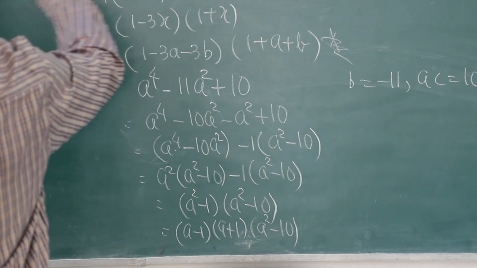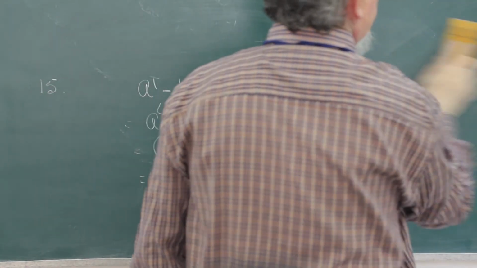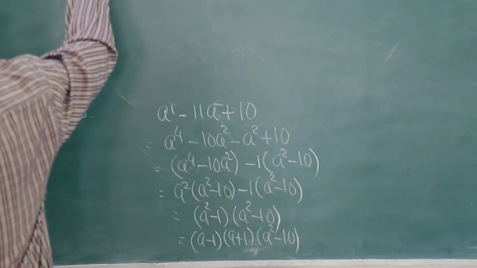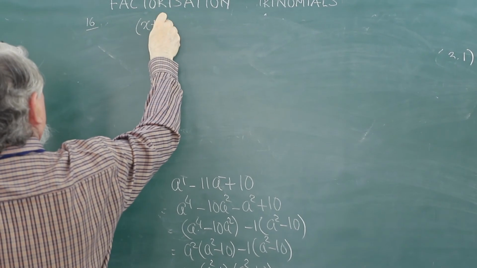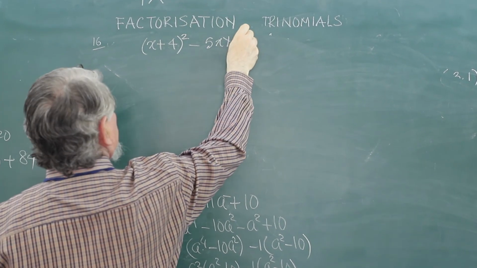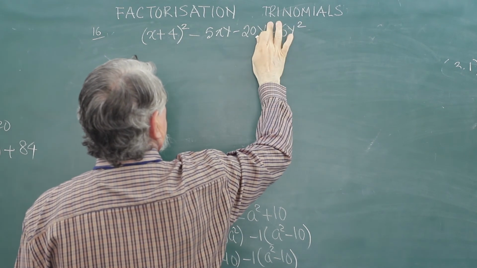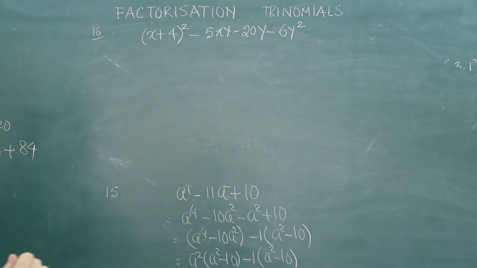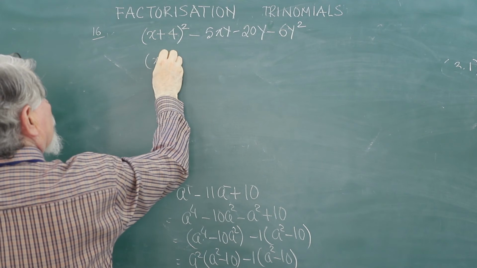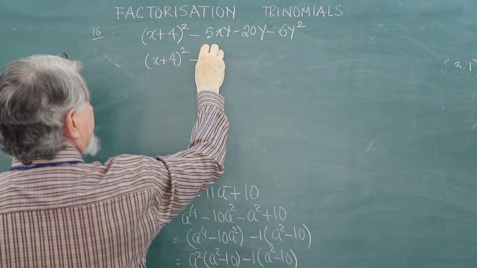Now let us see 16. In question number 16, again we have substitution. x plus 4 whole square minus 5xy minus 20y minus 6y square. So x plus 4 whole square minus, out of these two I can take 5y common.